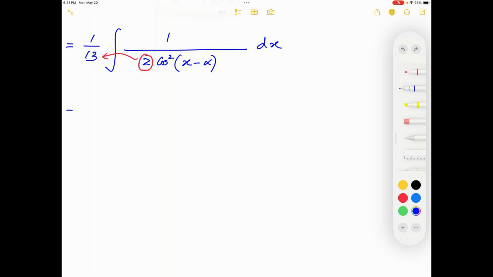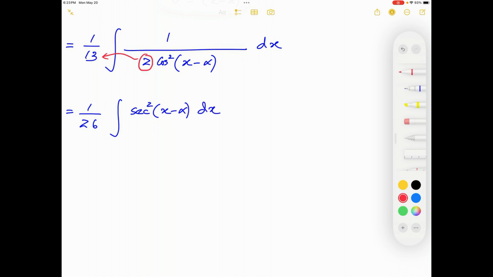Then the integral becomes 1/26 integration 1 over cosine squared x minus alpha dx. We know 1 over cosine theta is equal to secant theta. Therefore, 1 over cosine squared x minus alpha should be equal to secant squared x minus alpha, and then we have dx.